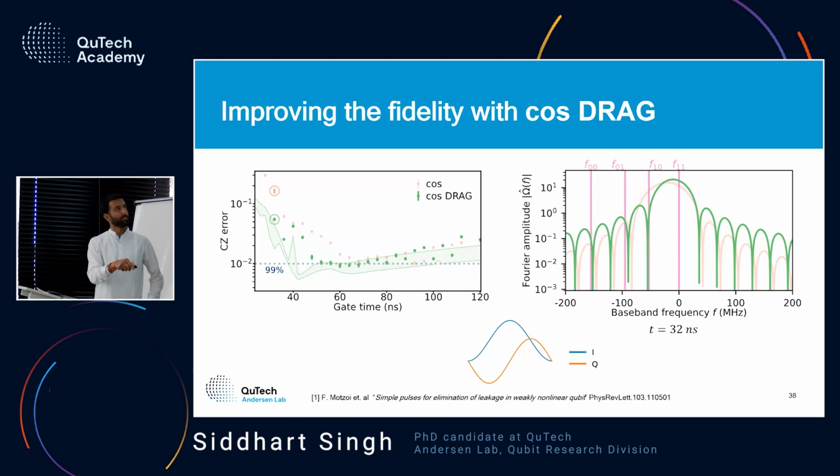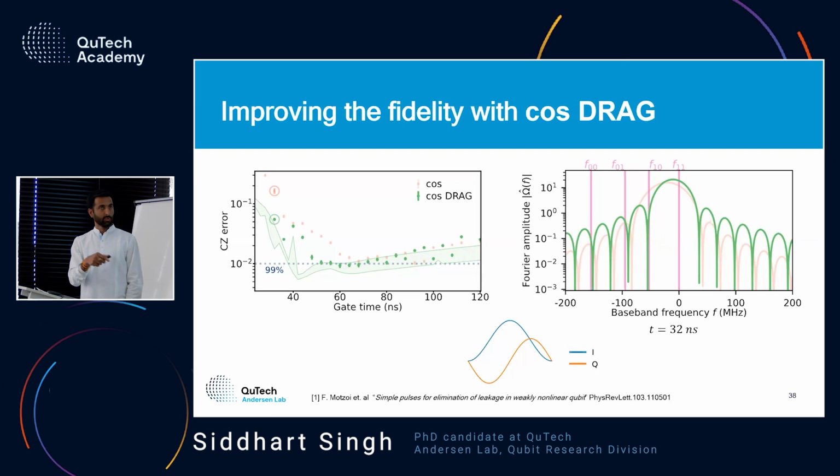And you can see the improvement in performance with these green dots. I hope it's visible with the projector. Okay. And we see that for even shorter gate times, we are able to go close to 99%. And this is exactly at 60 nanoseconds that we get 99%. So we are able to cross that.